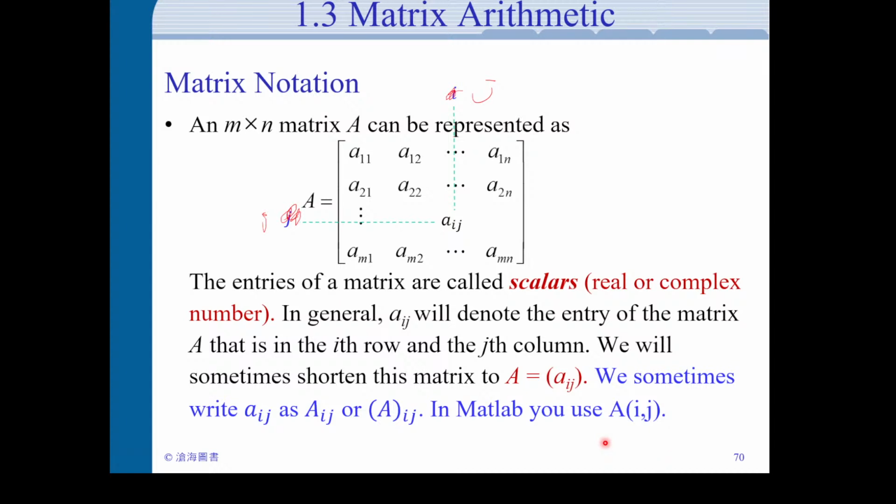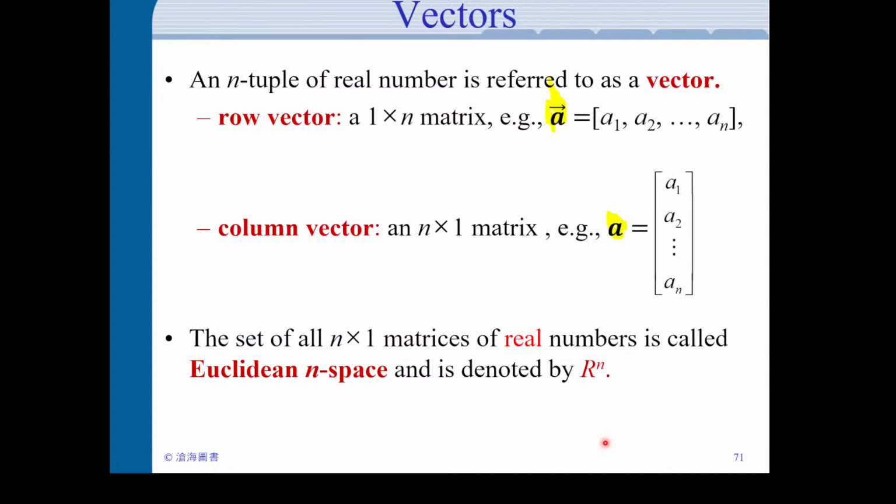Okay. So this is the matrix notation, and we also have a vector notation. And a vector is now just a smaller matrix. A vector is just n numbers put together in some sequence, in some order. And so there are row vectors and column vectors. So we basically think of vectors as special cases of matrices.